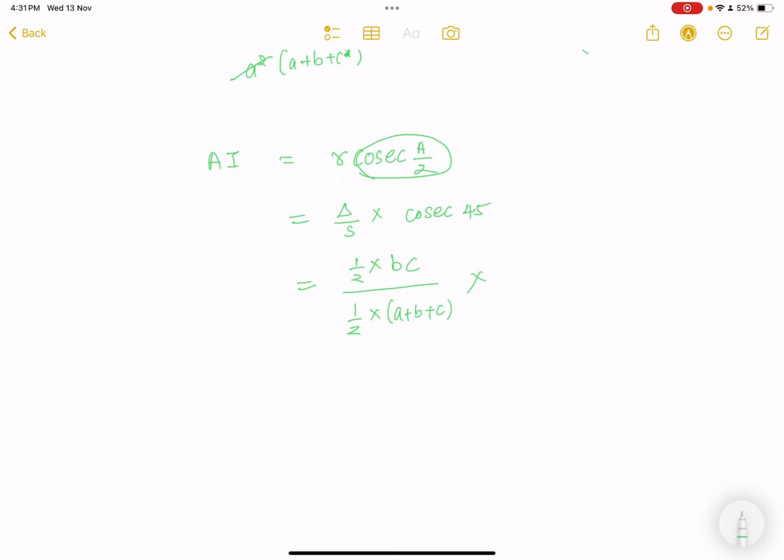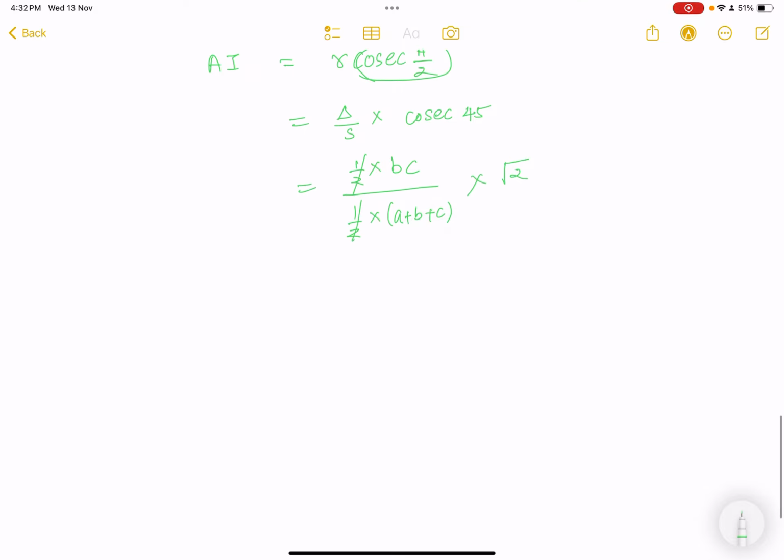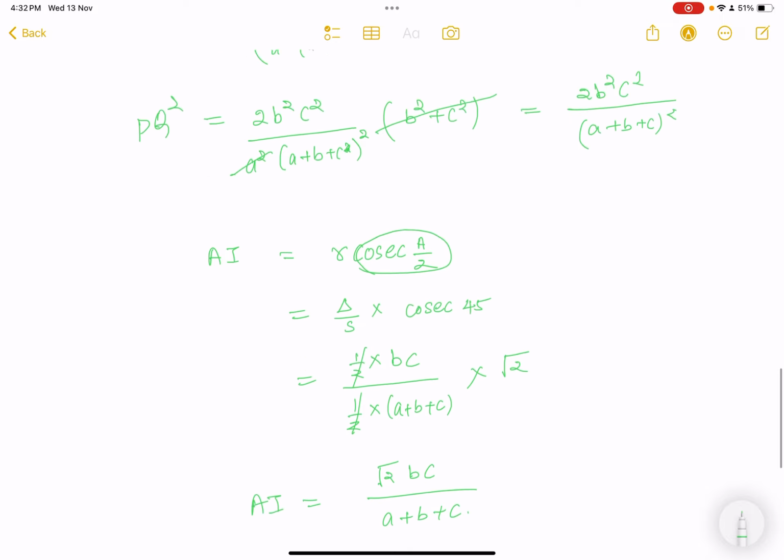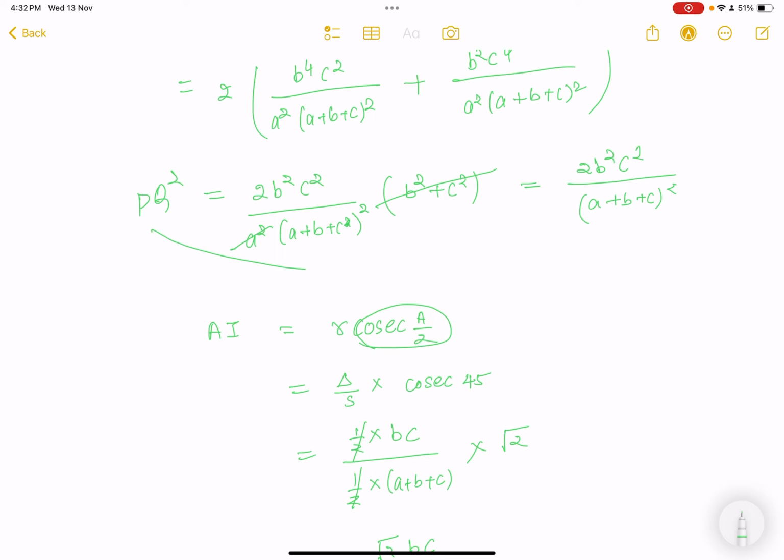Sin 45 is 1 by root 2, so the cosecant 45 is root 2. Right? So this and this will get cancelled. So this is root 2 BC upon (A plus B plus C). So this is AI. And from here we have PQ square.